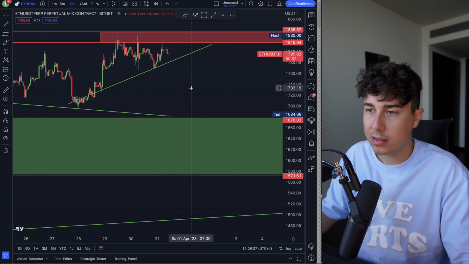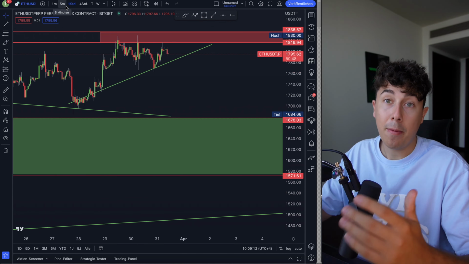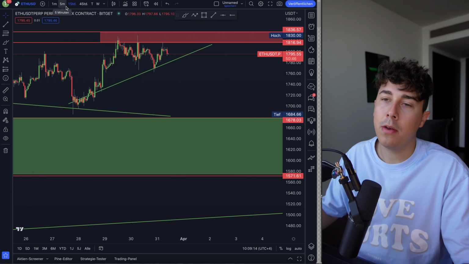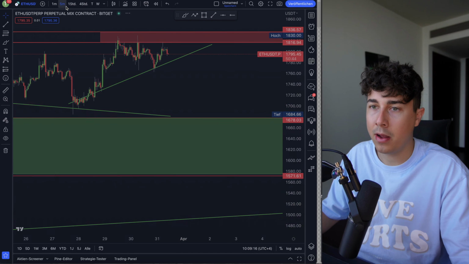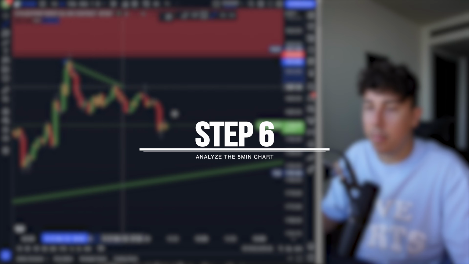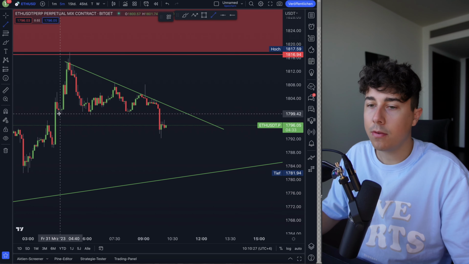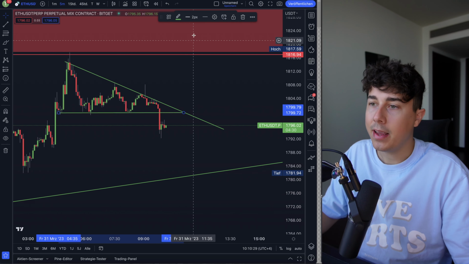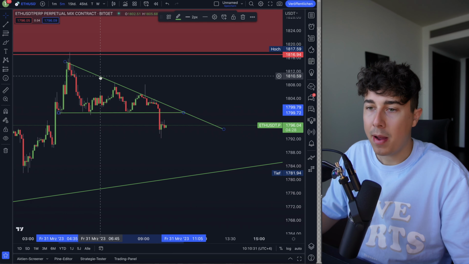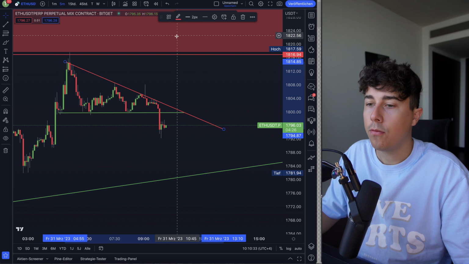So let's continue with the 5-minute time frame, and I'm definitely sure we will find a lot more information in the smaller time frame, because as we see, we built here a descending triangle pattern, which is a very bearish pattern for us. And here you see that this pattern works perfectly.